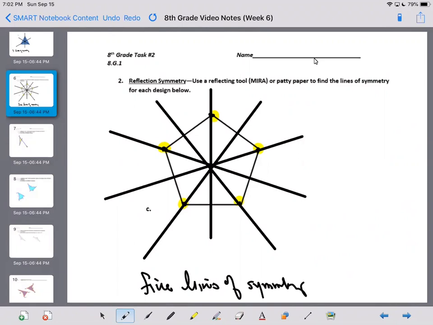So if we have a regular polygon, in this case, this is a regular pentagon, with understood all the sides being the same length, then whatever number of vertices we have is how many lines of symmetry we have.